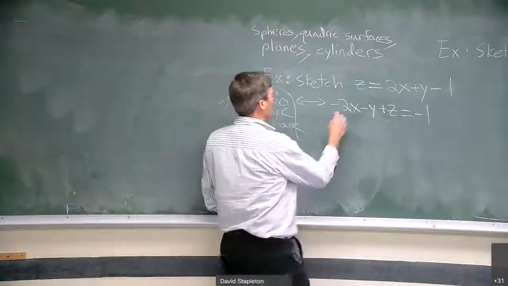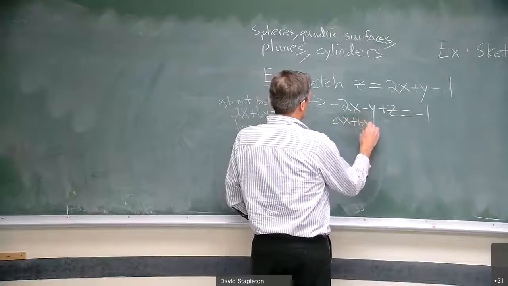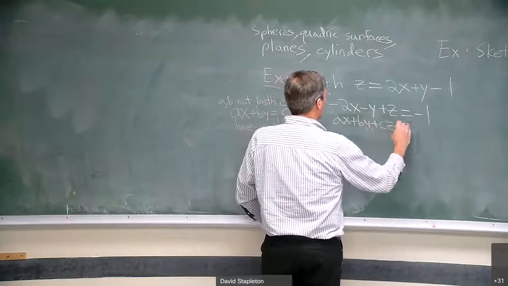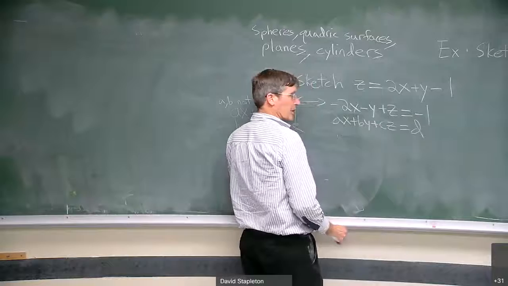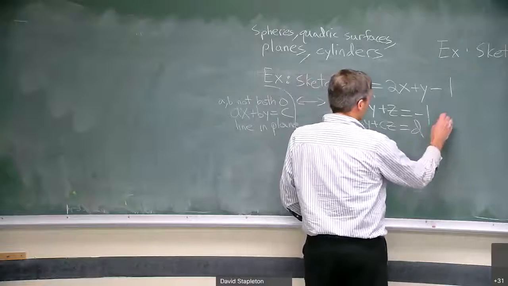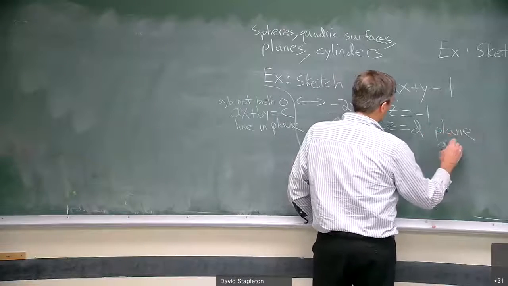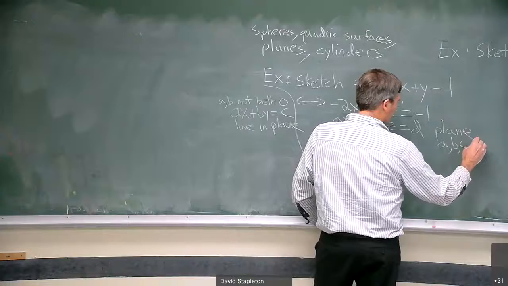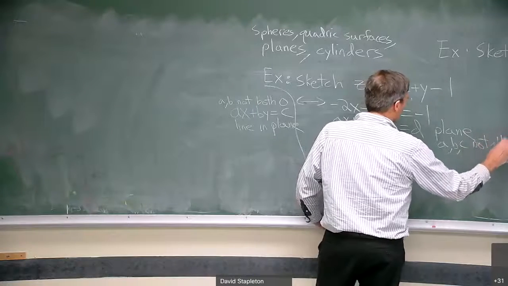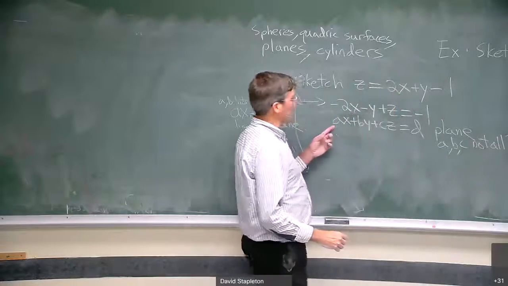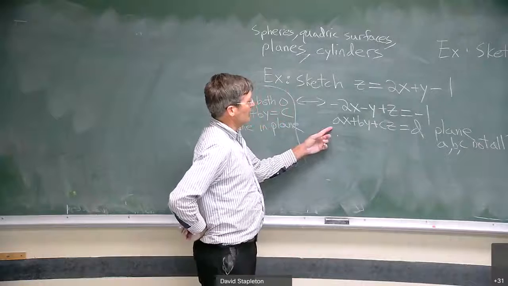Similarly, if you have ax plus by plus cz equals d, this is the general form for an equation for a plane as long as a, b, and c aren't all 0. At least one of them. Two of them can be 0. And so every plane can be put in this form, and every equation in this form is a plane.